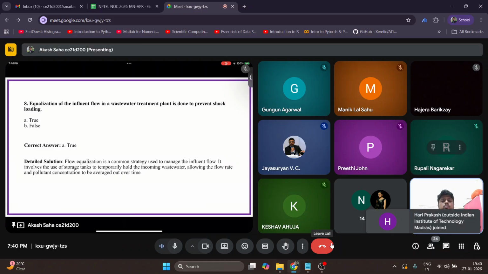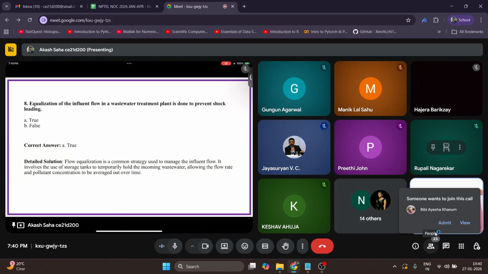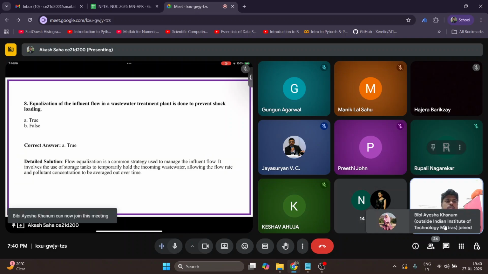It is used to temporarily store the wastewater, and it allows a uniform flow rate to go through to the other processes which are there subsequently.